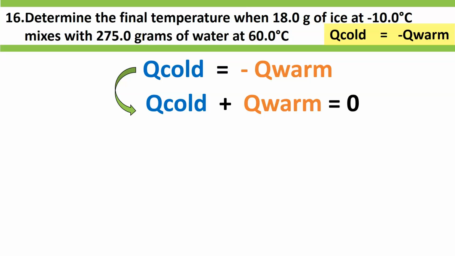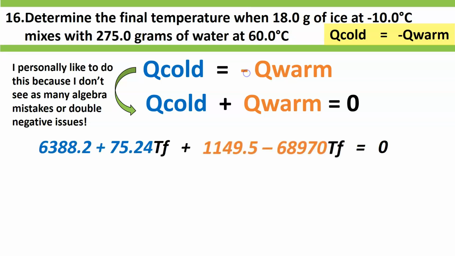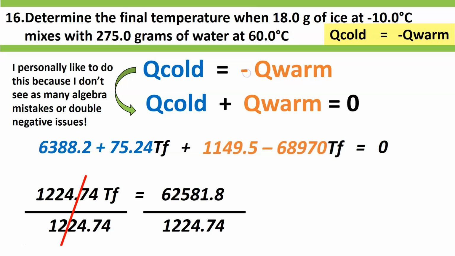We're exploiting a fact of algebra that can make it easier so that we don't have as many algebra mistakes. Just move everything to the other side. Now do Q cold plus Q warm. And now you're going to combine like terms. You're going to move things around to isolate your variable. Divide both sides so that you get TF all by itself.